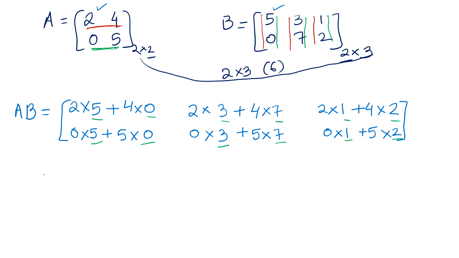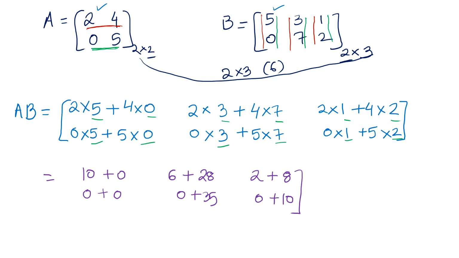Let's evaluate this. 2 times 5 is 10, plus 4 times 0 is 0. 2 times 3 is 6, plus 4 times 7 is 28. 2 times 1 is 2, plus 4 times 2 is 8. 0 and 0, 0 plus 35, 0 plus 10. I hope I have not made any errors.